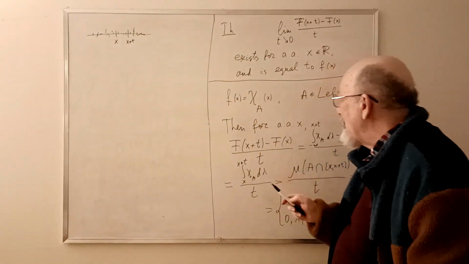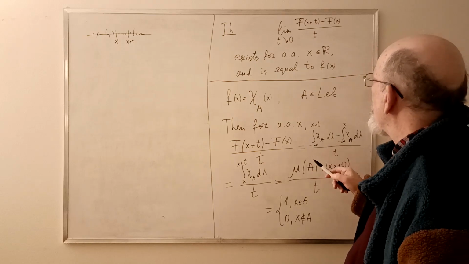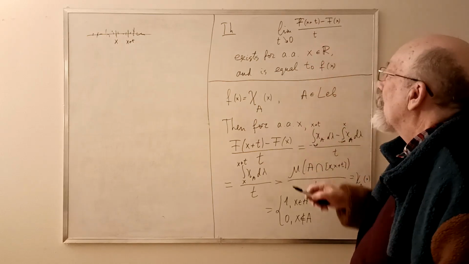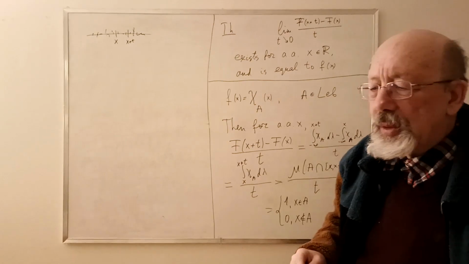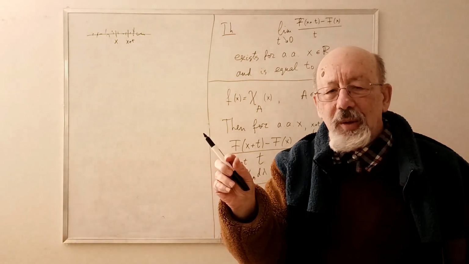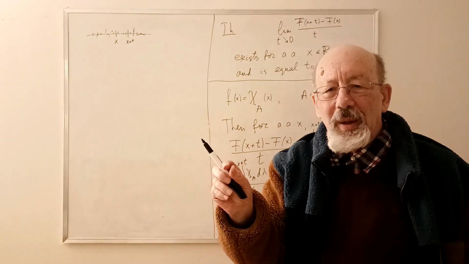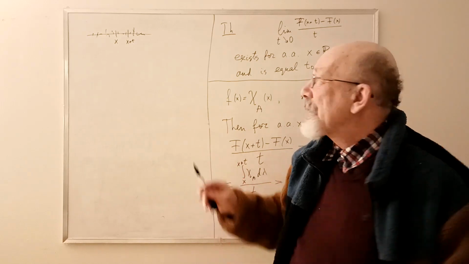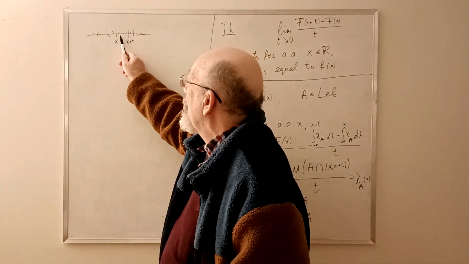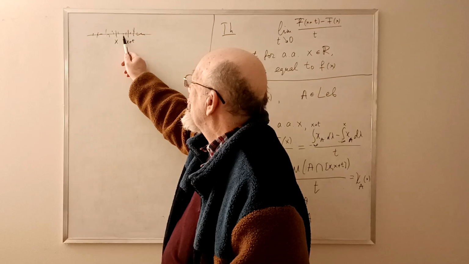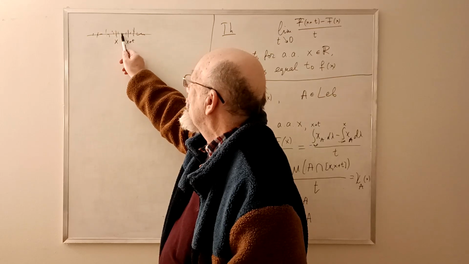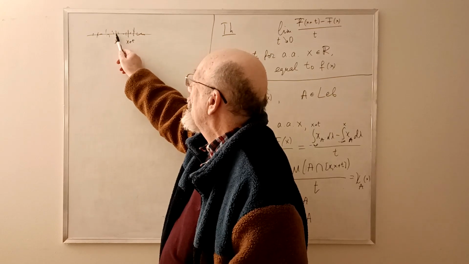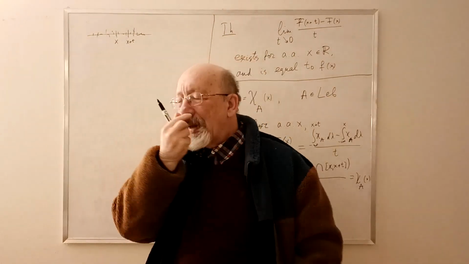And then you take the limit when t goes to 0, and it is just the local density at this point.